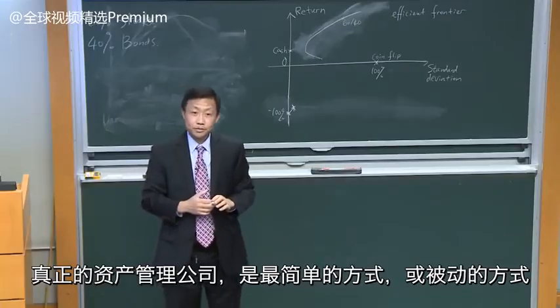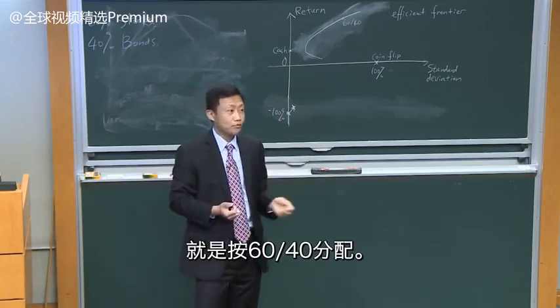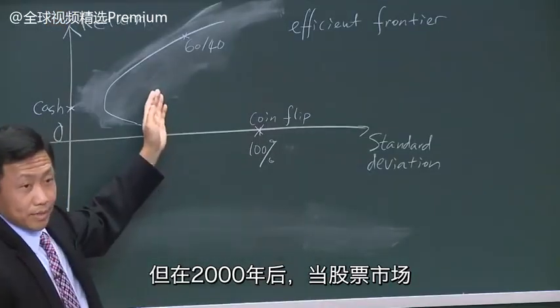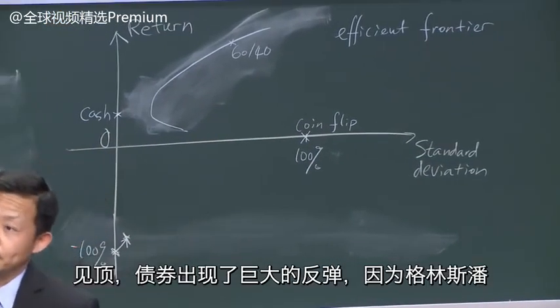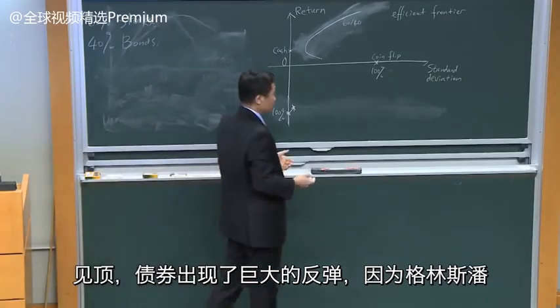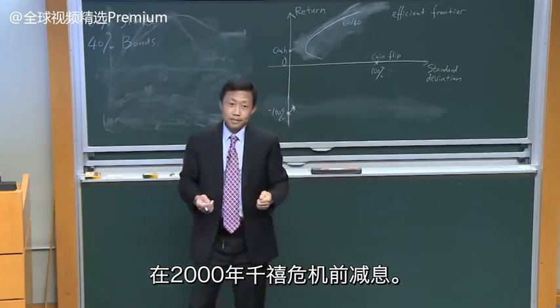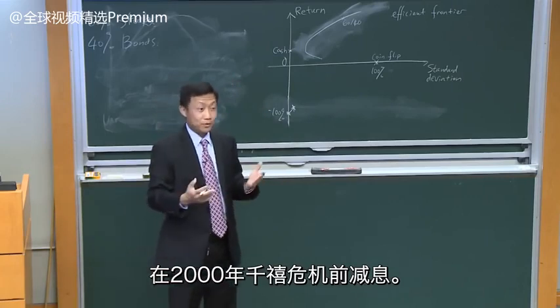For a real asset manager, the easiest, passive way is just to allocate 60-40. But after 2000, the equity market peaked and the bond market had a huge rally. First, Greenspan cut interest rates before Y2K, the year 2000.